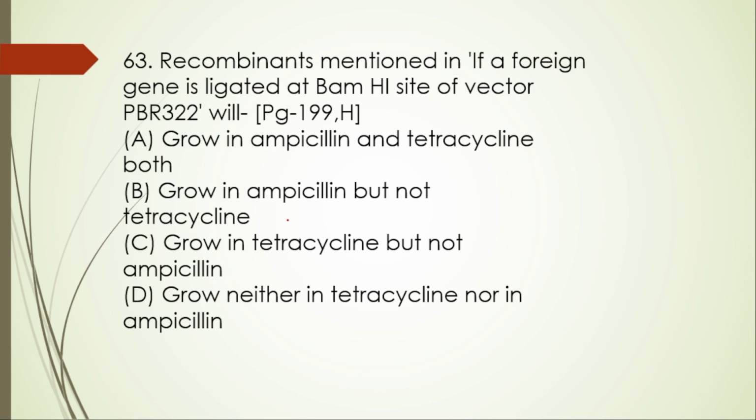See, when you are adding your foreign gene at BamHI, tetracycline is lost there. If tetracycline is lost, how come it is going to grow on tetracycline, isn't it? But here ampicillin is not at all disturbed. That's what happens. They grow in ampicillin but not in tetracycline. The right option is option B.